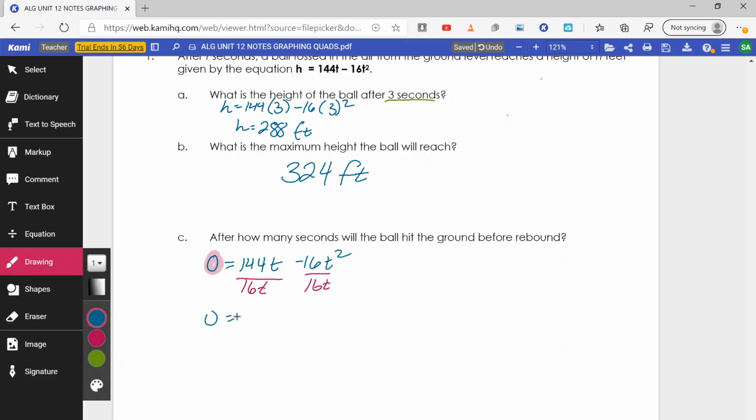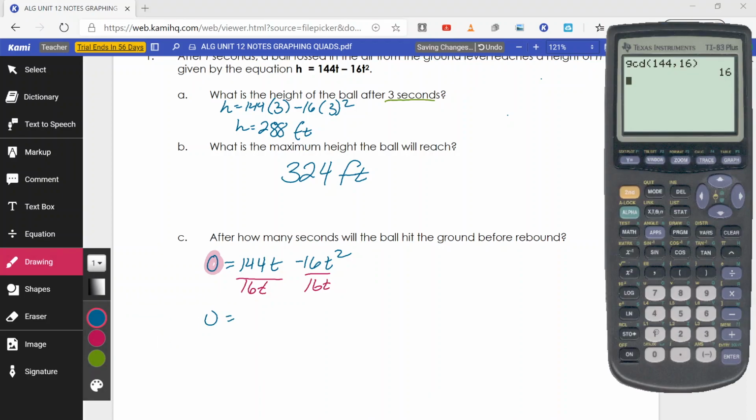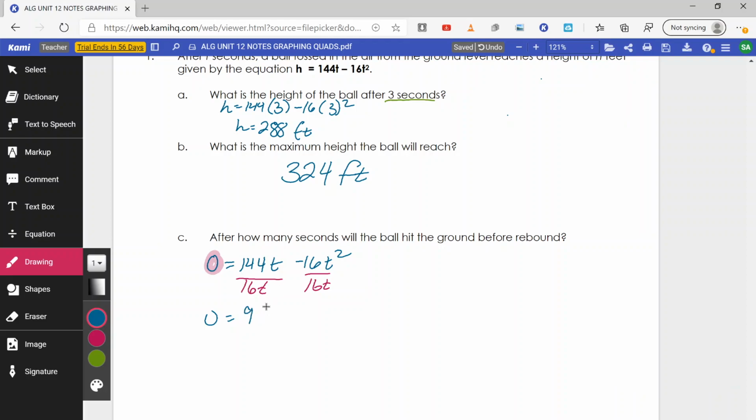So we end up with 0 equals, and then I'm going to divide 144 by 16. We get 9. And then negative 16 minus 16 gives me 9 minus 1. T squared divided by t is just t.